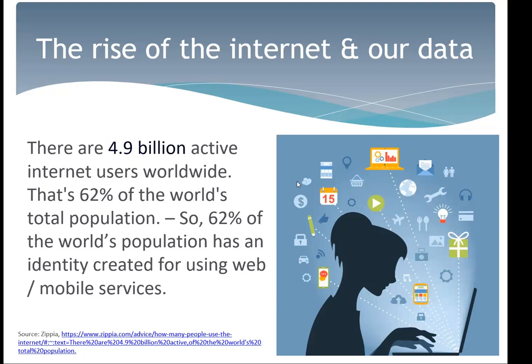I pulled this from a resource just a few days ago: about 62% of the world's total population is an active internet user. So about 62% of the world's population has signed some sort of terms of service or privacy policy to use whatever software, device, or computer they're using.